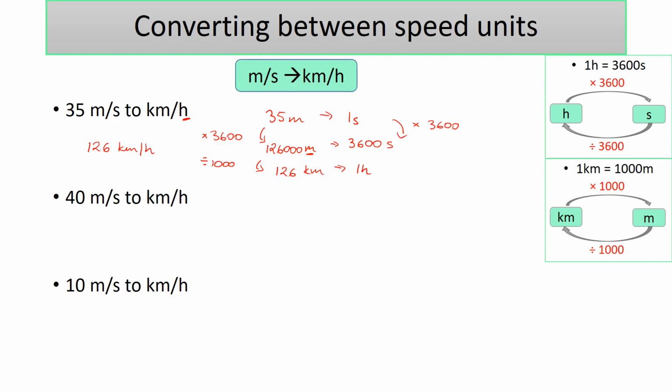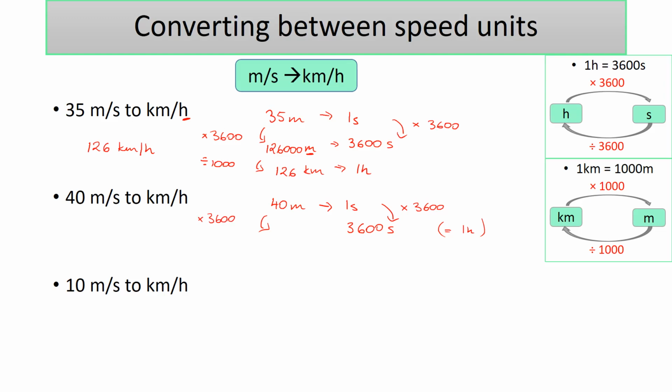In the next question, I've got 40 meters per second. Because I want my speed in kilometers per hour, I want the time in hours. So that is 3,600 seconds, because that is equivalent to 1 hour. So I need to times by 3,600, but I need to times the other side as well.